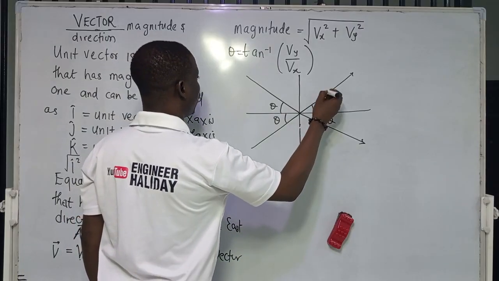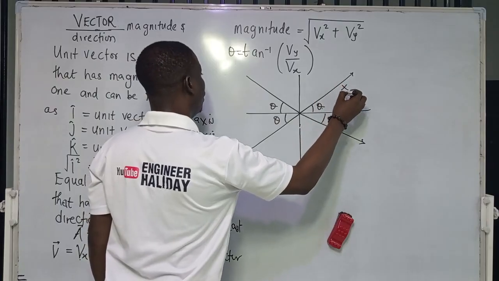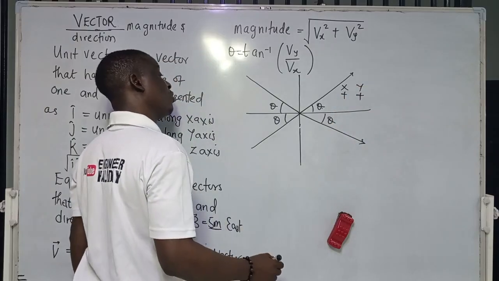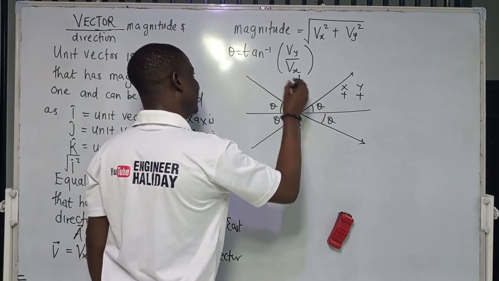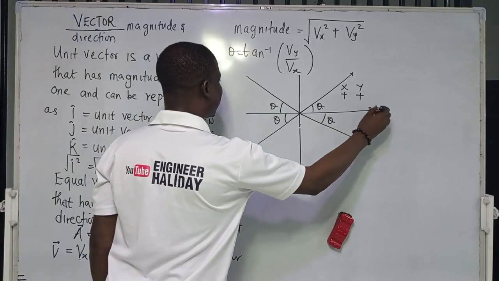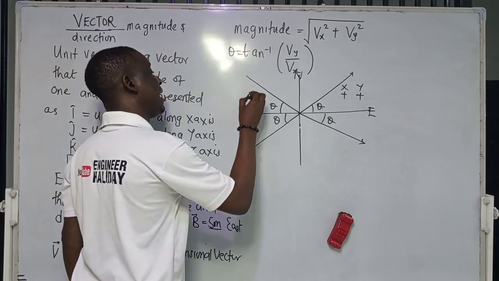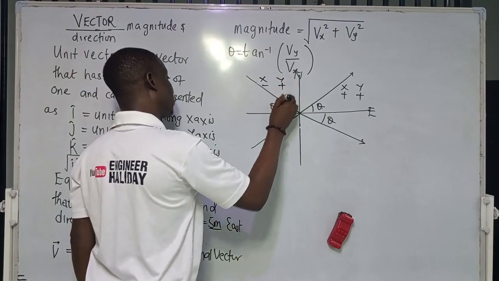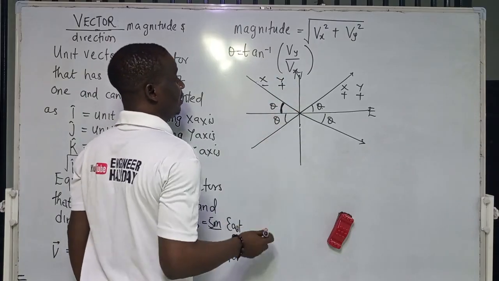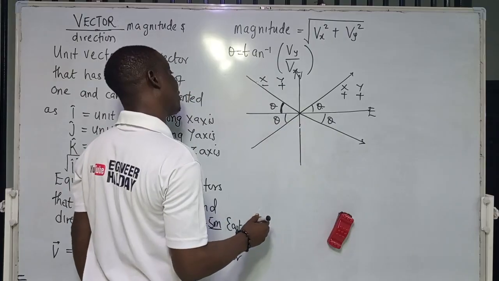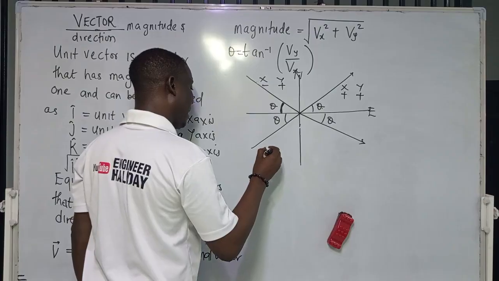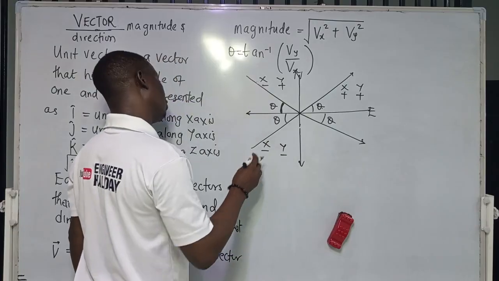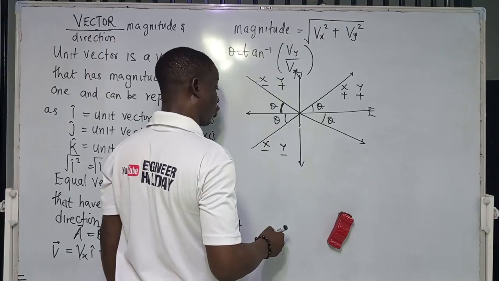If the direction is in the first quadrant, what does that tell us? Your x component will be plus, y component will be plus also. When you have plus plus, the direction will be in the first quadrant between east and north. But if your x component is minus and y component is plus, it will be second quadrant. So these are 4 possible positions of direction. If your x component is minus and y component is minus, it is going to find itself in the third quadrant.